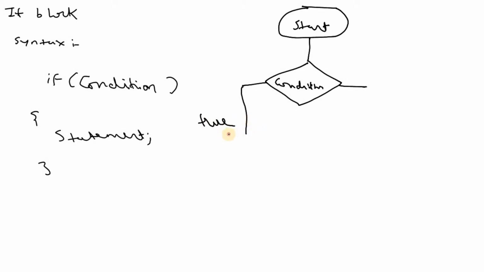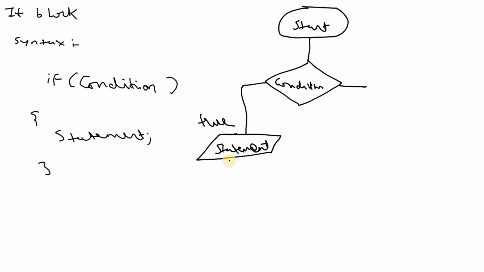Suppose the condition is true, then all the statements inside this block execute. Here a statement is represented with the help of this parallelogram. Flowchart is a terminology. With the help of these symbols we need to represent the flow.